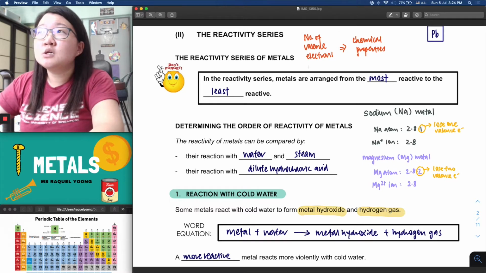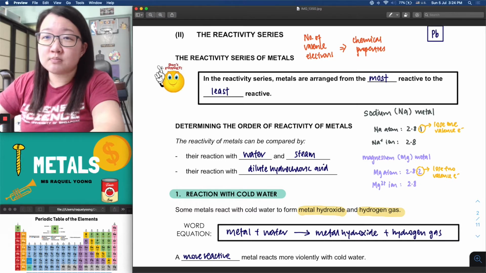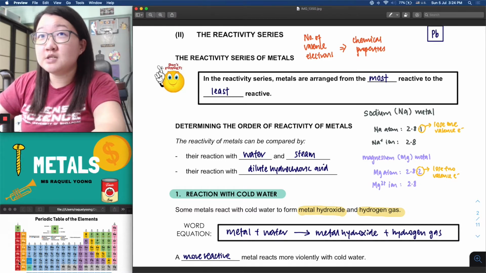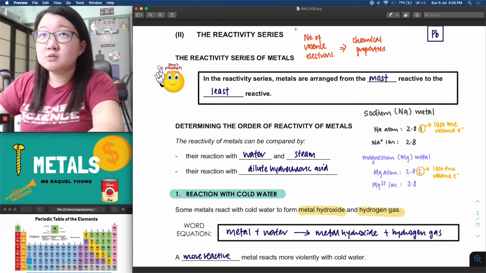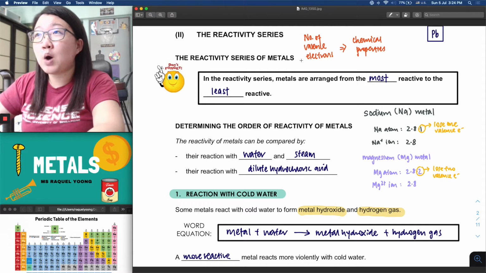Okay, so just keep in mind also this concept from the topic of periodic table. We mentioned that the elements are grouped in such a manner in the periodic table for a reason. For instance, when we learned the group 1 metals, we saw that the group 1 elements, the alkali metals, have 1 valence electron, which also means that they have similar chemical properties.